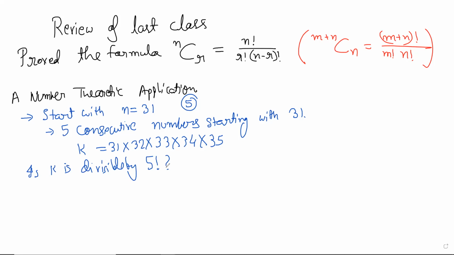You guys can check this independently, it will be good. So 5 factorial is 120, and you can just check if it's divisible. I just want to know if it's divisible or not. I don't want to know the answer of the quotient and such.